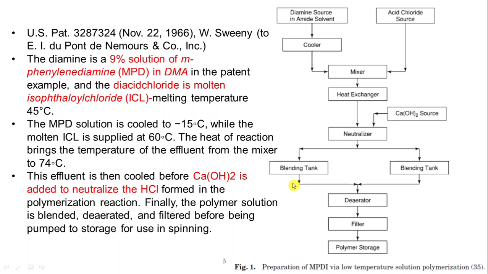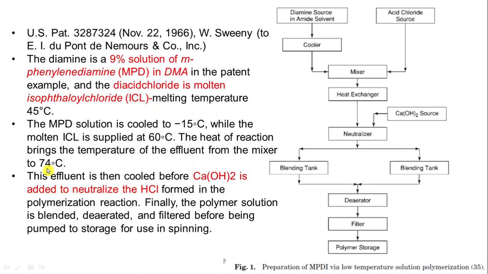The scheme of the low temperature solution polymerization is shown here. A 9% solution of metaphenylene diamine in dimethylacetamide is prepared and is cooled to -15 degrees centigrade before it is mixed with molten acid chloride in the mixer. Here the polymerization reaction takes place. Since the reaction is highly exothermic, it brings the temperature of this mixture to 74 degrees centigrade.